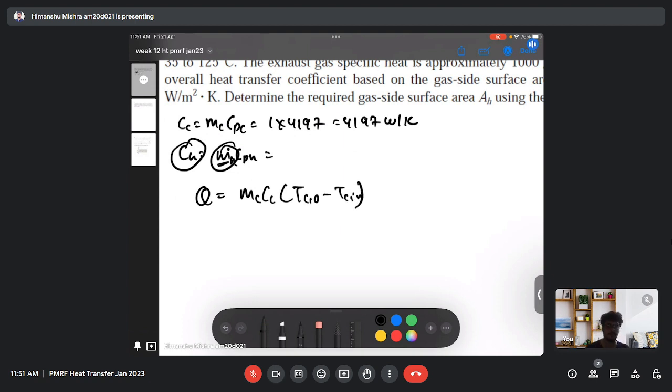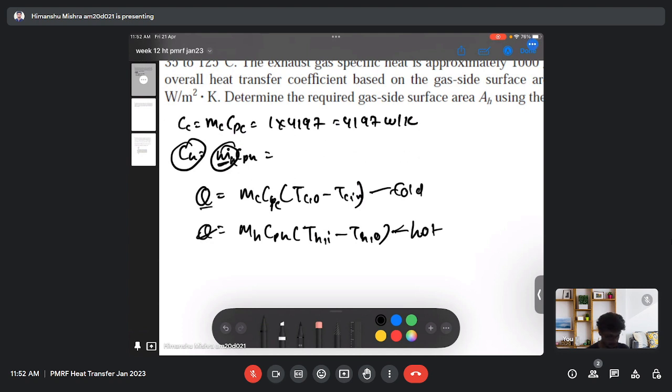So this is my heat transfer. If I consider the cold fluid, I can write my heat transfer like this, and if I consider the hot fluid, I can write it like this. This is my heat transfer with the cold fluid, and this is my heat transfer with the hot fluid.